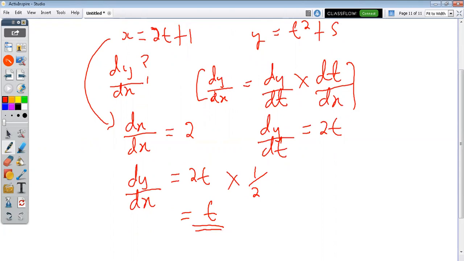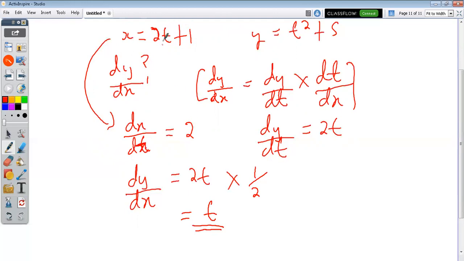Making sense? No. Where did you get lost? Okay, first you said dx over dx. It's dx over dt. We are differentiating this here with respect to t.